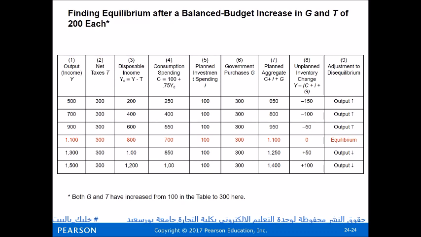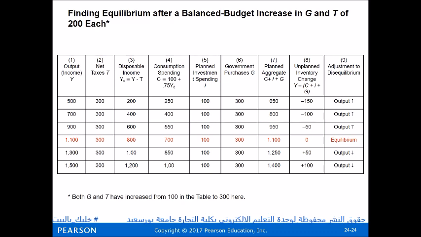The table we have here shows us how to find the equilibrium level of output after a balanced budget increase in G and T of 200 each. So this simply means that delta G equals delta T equals 200. G increases by 200, and also taxes increase by 200.